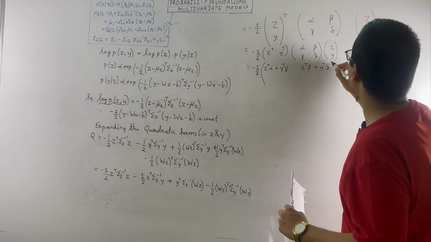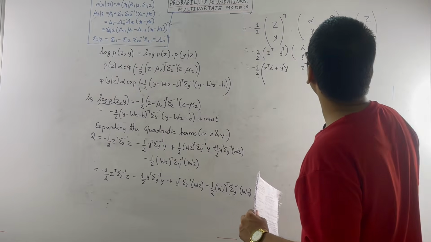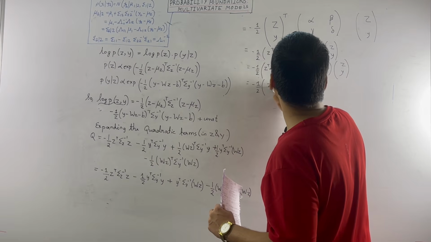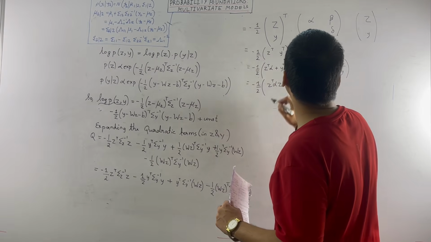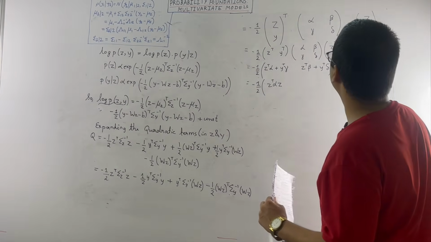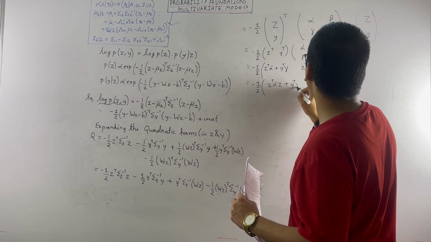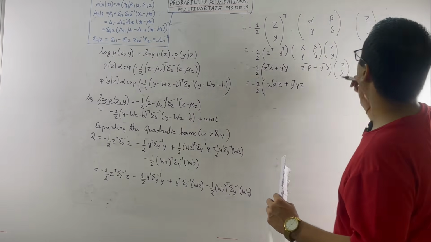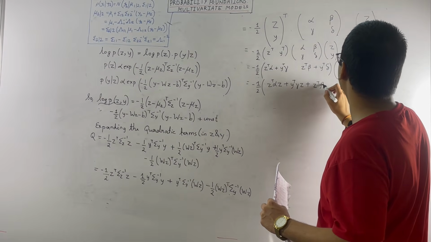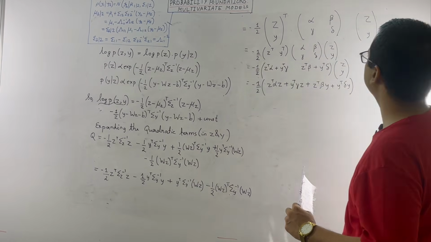So this times z and y. Then this expands to z transpose alpha z, all right, plus y transpose gamma z, all right, plus z transpose beta y plus y transpose delta y.